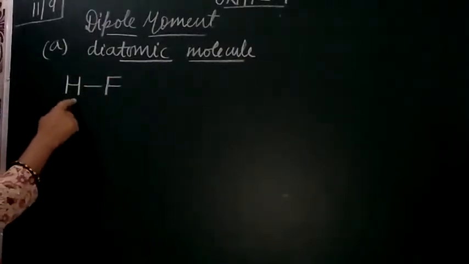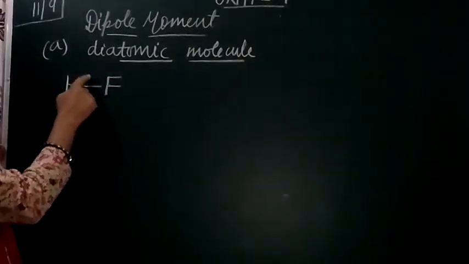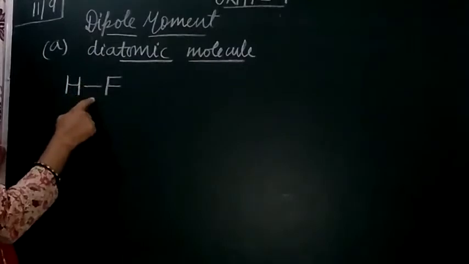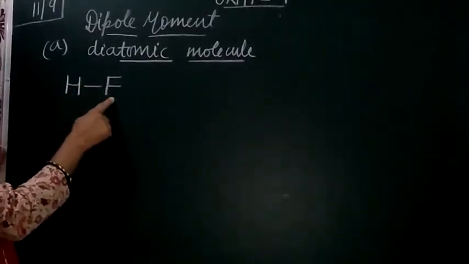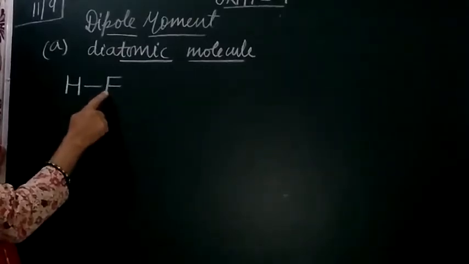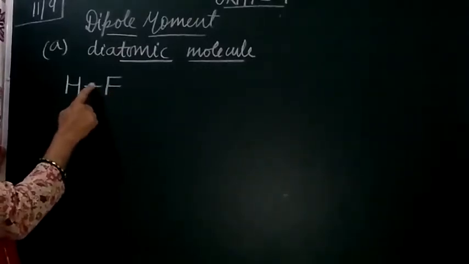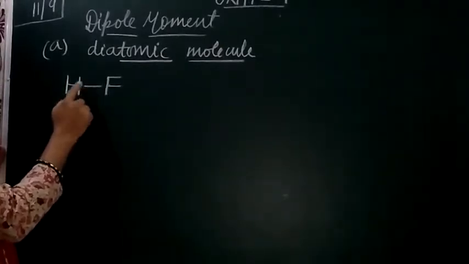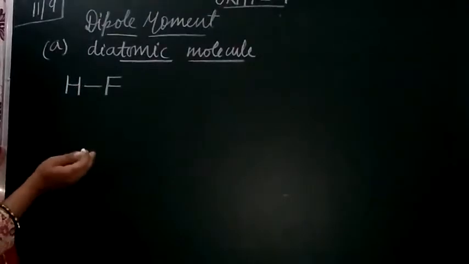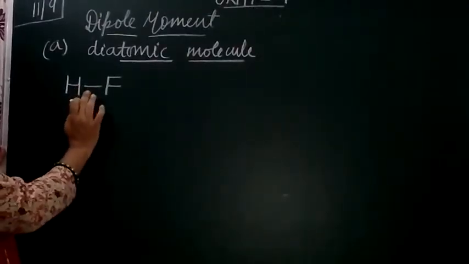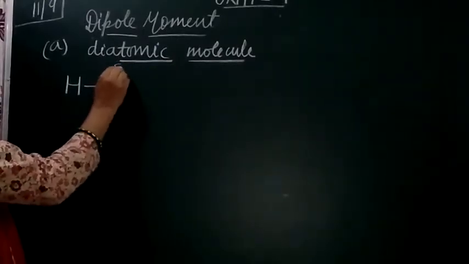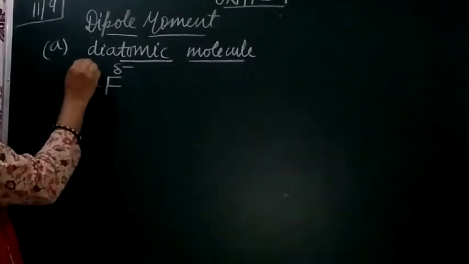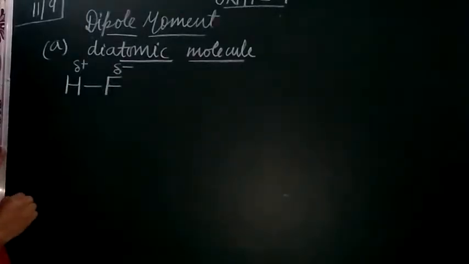You can easily see that this covalent bond is a polar covalent bond. Why? Because on one end we have a more electronegative element. So what will happen, students? The shared electron pair between these two atoms will no more remain in between them. It will be bent toward the fluorine atom. As a result, fluorine will get a partial negative charge, and hydrogen will get a partial positive charge.